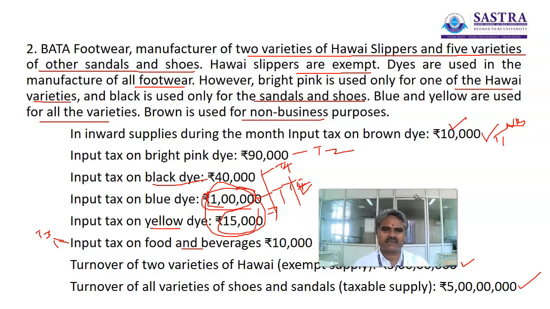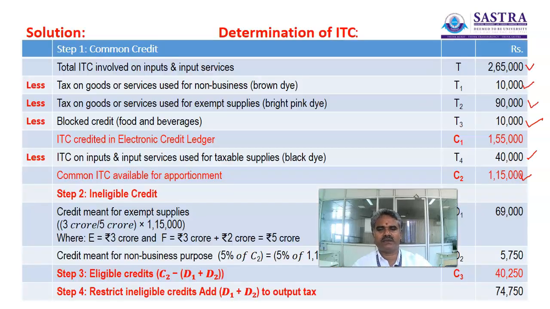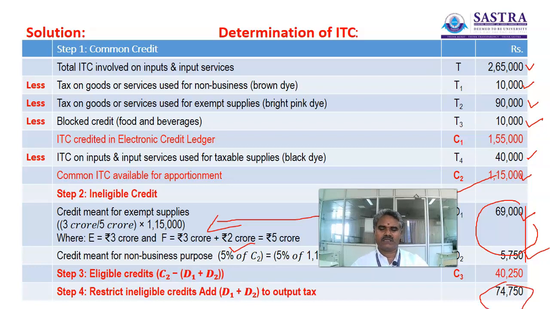So both exempted and taxable. Both exempted and taxable. Okay. So here apportionment will be made. So 3 lakh by 5 lakh into 115. Yes. So 69. Non-business 5% of proceeds. So deduct these two from 115. Then you take these two for restricted. This should be added with total output.